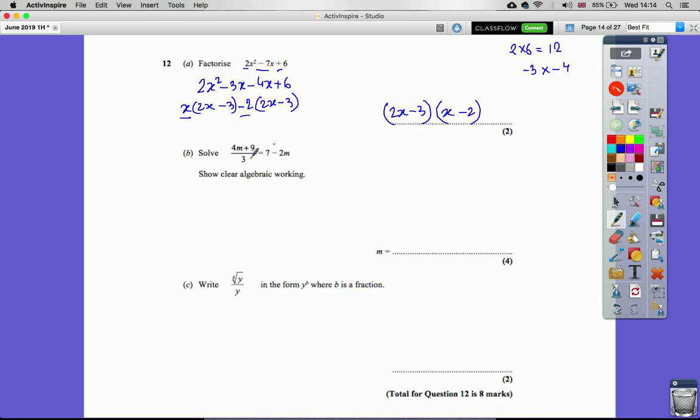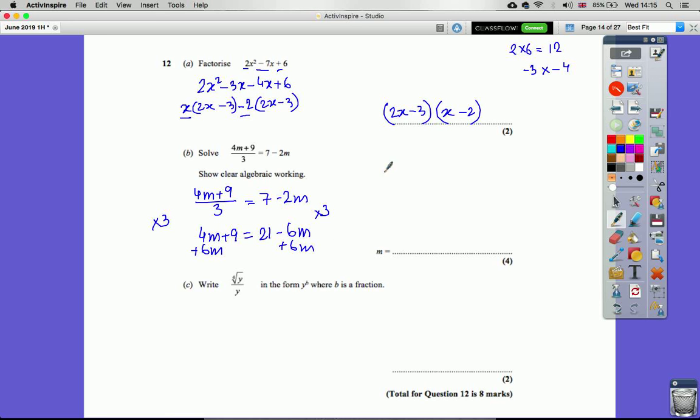Question 12b, solve. What I'm going to do first is I've got 4m plus 9 over 3 is equal to 7 minus 2m. I need to get rid of the 3, so I'm going to multiply by 3 on both sides. That will give me 4m plus 9 is equal to 21 minus 6m. Okay, now I'm going to add 6m on both sides.